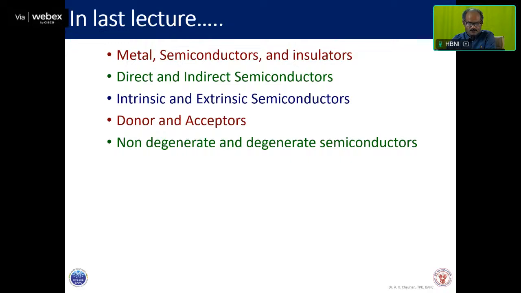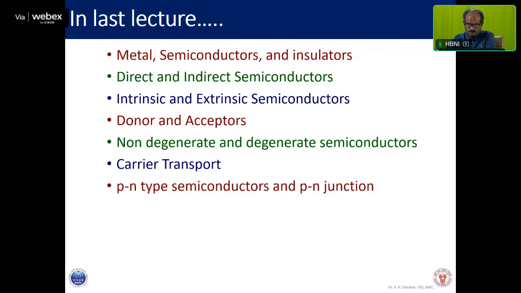Then we learned a little bit of non-degenerate and degenerate semiconductors, and how carrier transport takes place. Then we learned p- and n-type semiconductors, and we also saw how a p-n junction is formed and how it works. We will see today the use of that in photovoltaics.